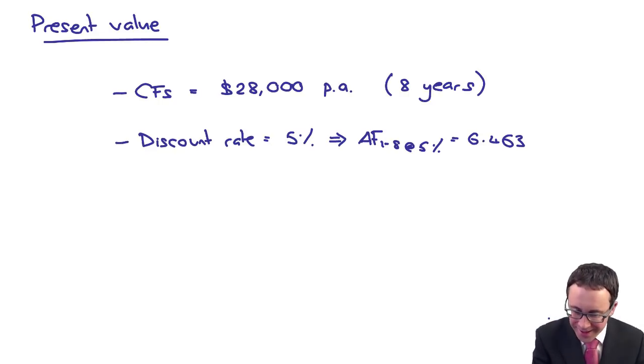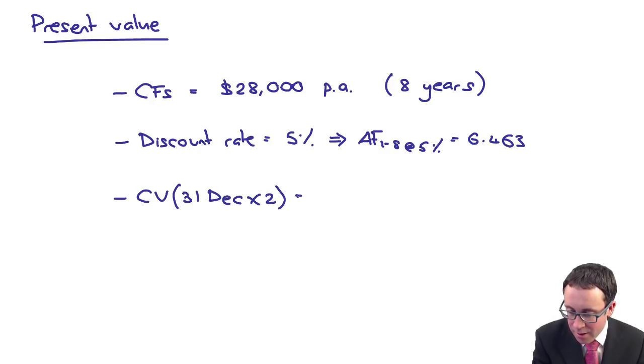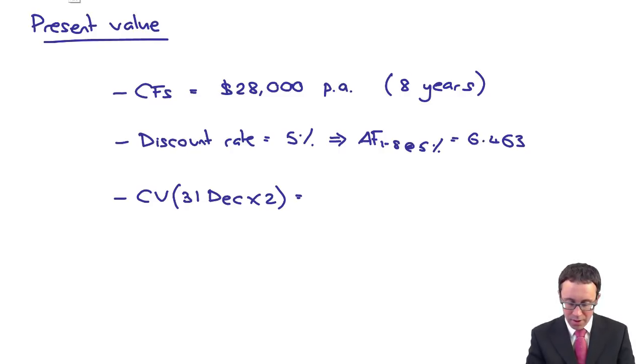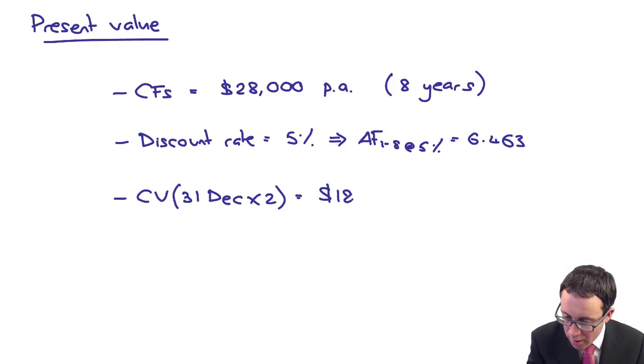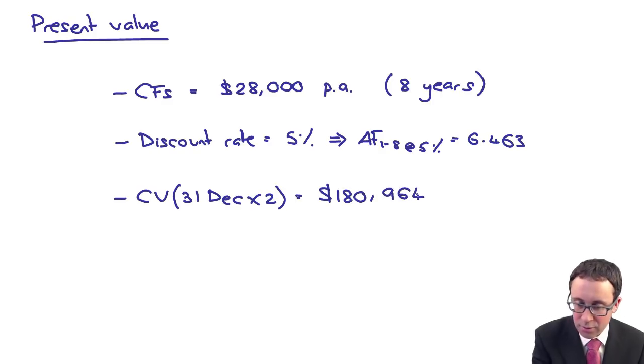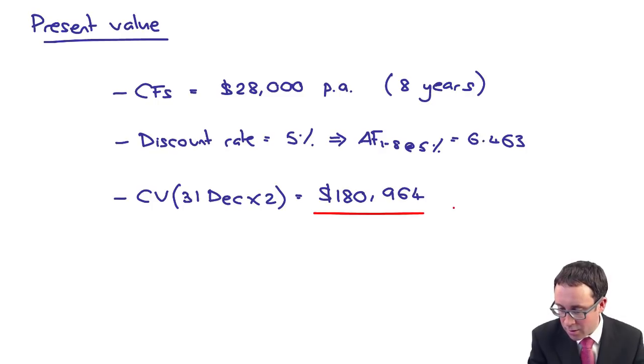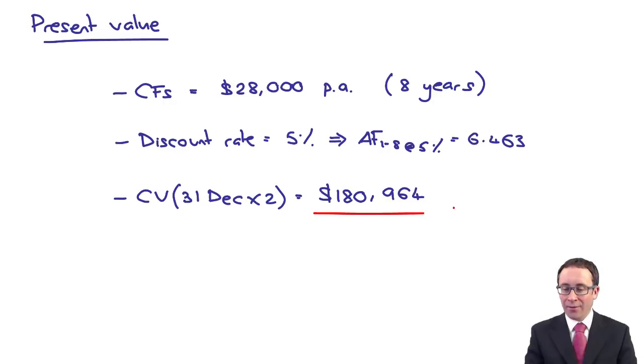So to work out the carrying value using your present value techniques at the 31st of December X2, you take the 28,000 and multiply it by 6.463, which gives me 180,964. So to you and I, $181,000, give or take a little bit of rounding.